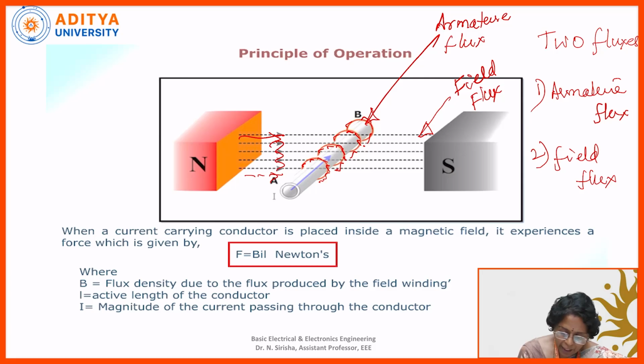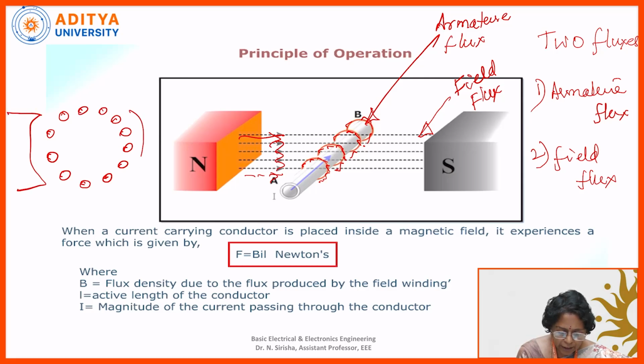Once the armature is in the form of a circular structure, two fluxes are formed, the armature flux and the field flux. Because of these two fluxes, a force is exerted on the current carrying conductor and the armature conductor moves forward. Similarly, all these armature conductors move forward like this.